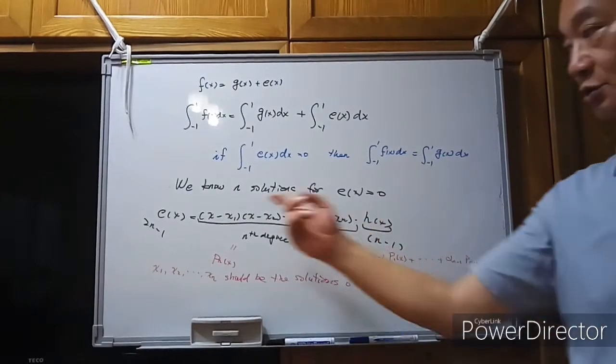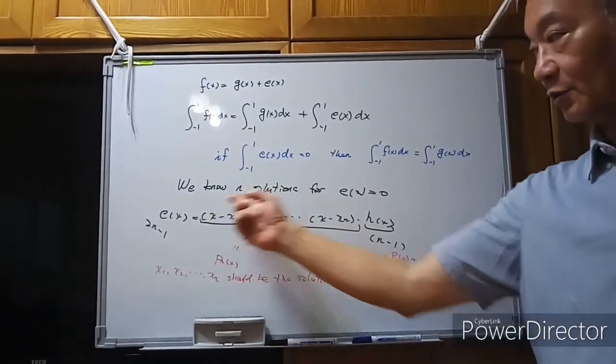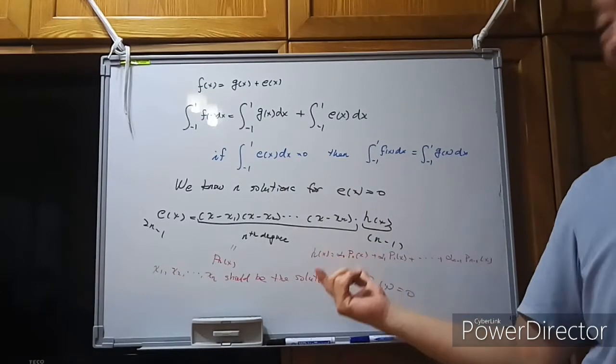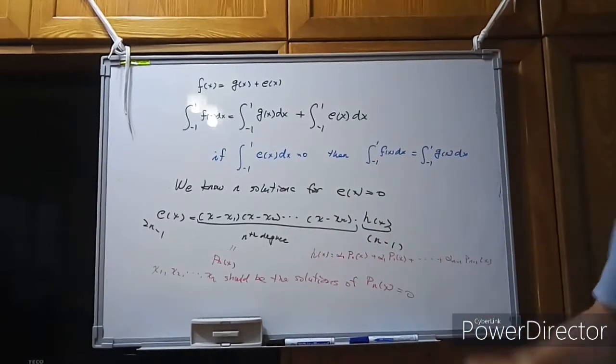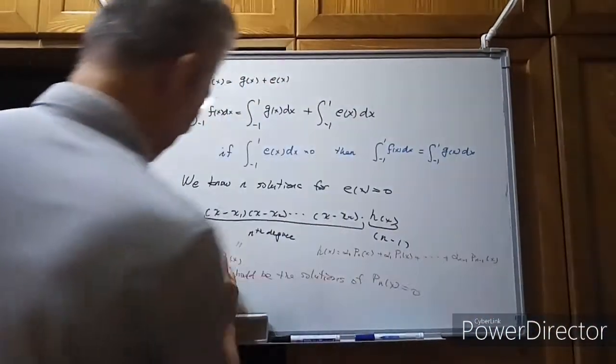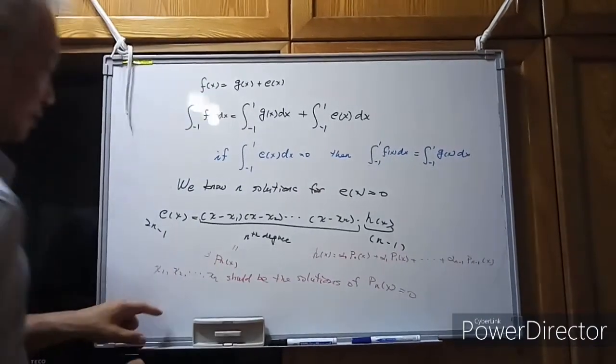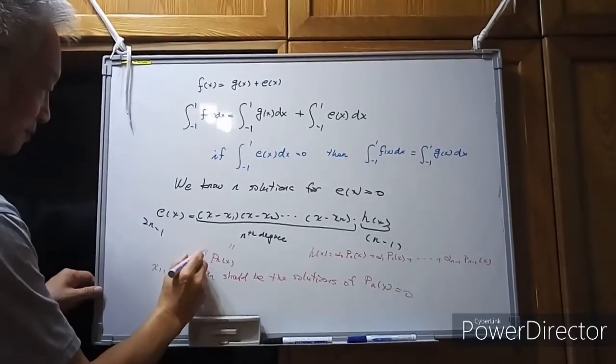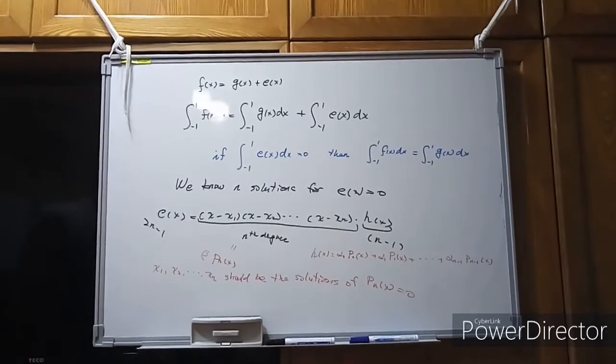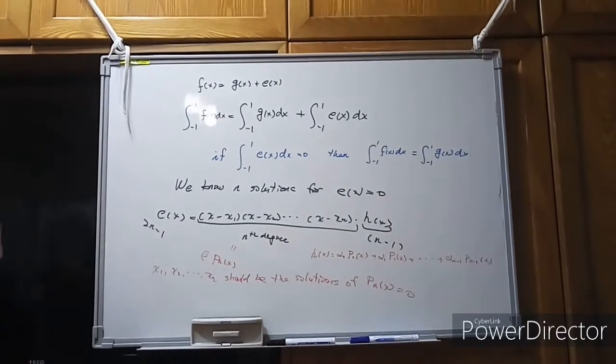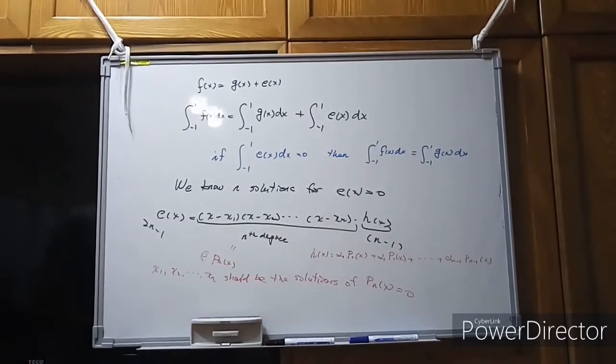Then if we multiply all these together, we can get the Pn of x, or you can say beta times Pn. Okay, take a screenshot, then I will continue.